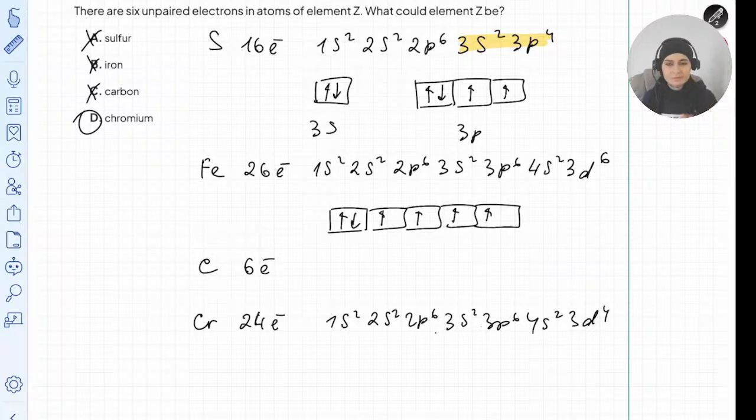But we are smart. We remember that chromium is an exception. So instead of having 4s2 3d4, it has 4s1 3d5.